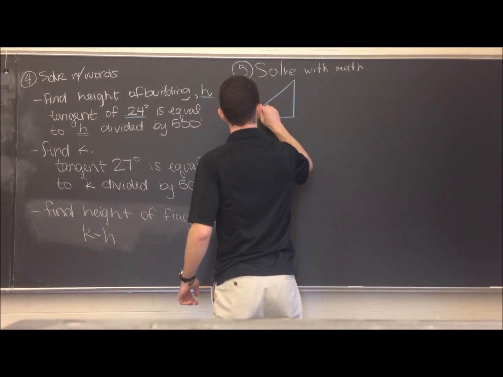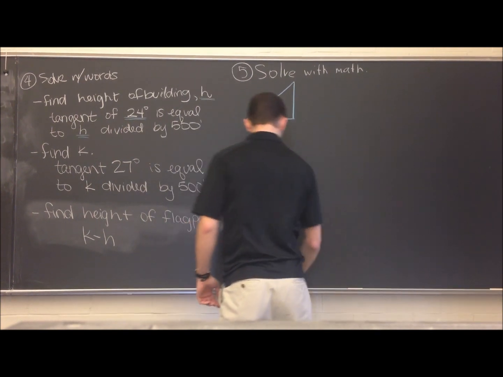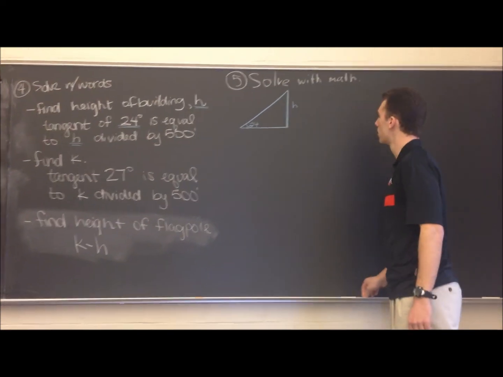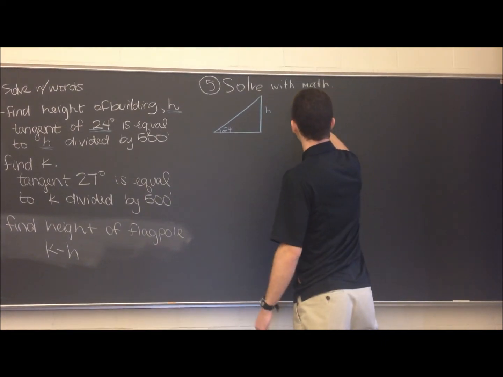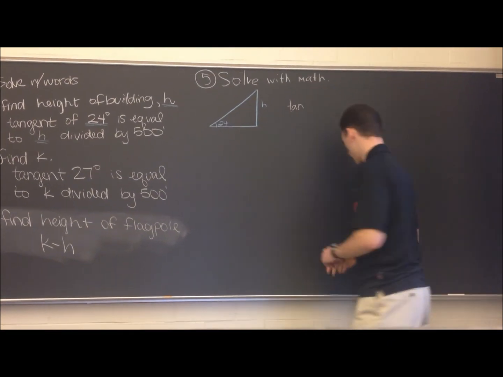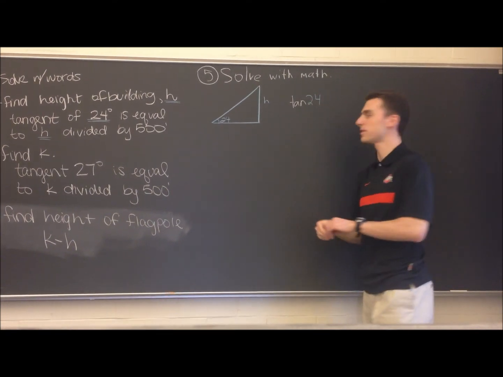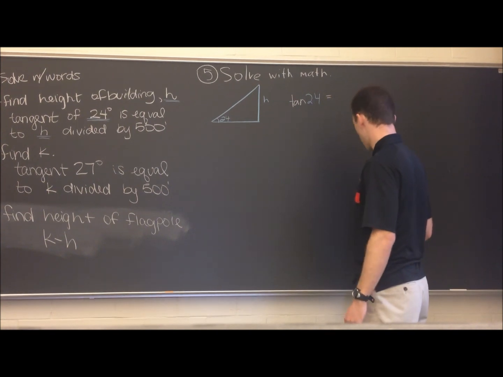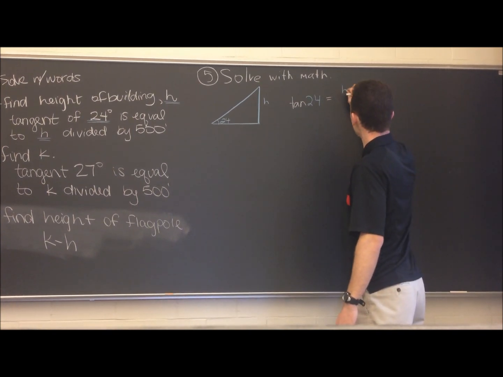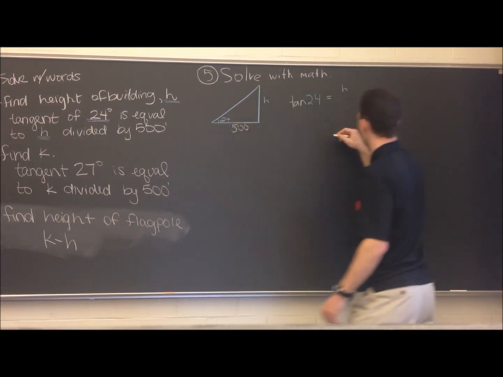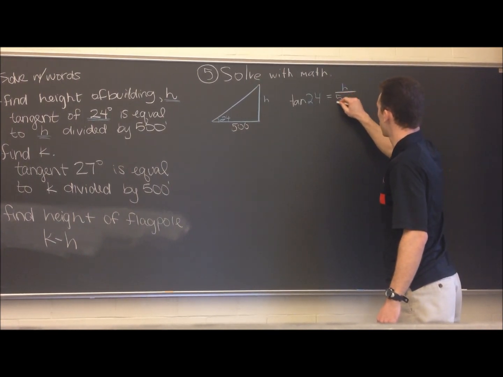That's 24, and this is h. Now we're going to take the tangent of theta, which is 24 degrees, and set that equal to the opposite, which is h, divided by our distance from the building, 500.